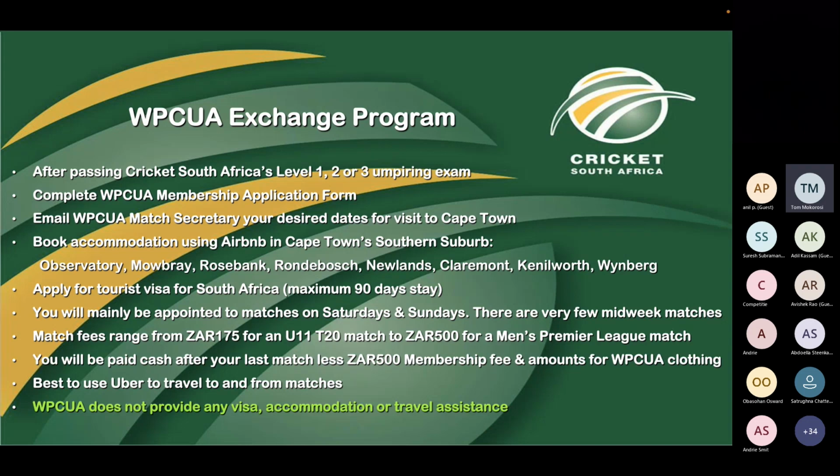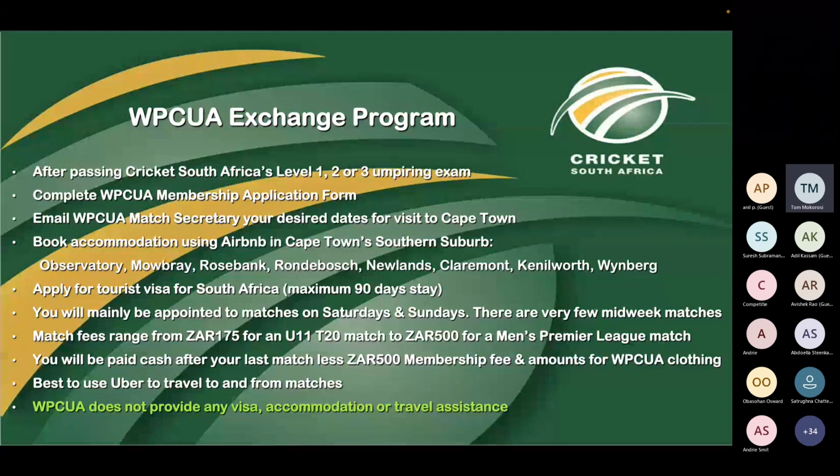So say, for example, your first 2 matches are men's 50 overs First Division D matches, which is the lowest league you can start in, a men's league. You earn 450 rands worth of match fees for each of those matches.